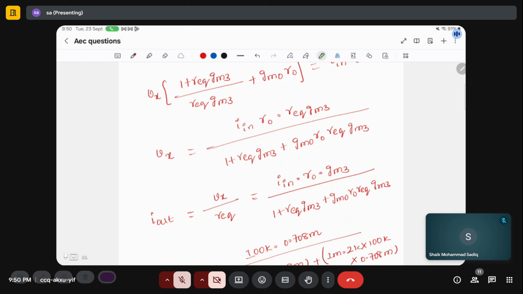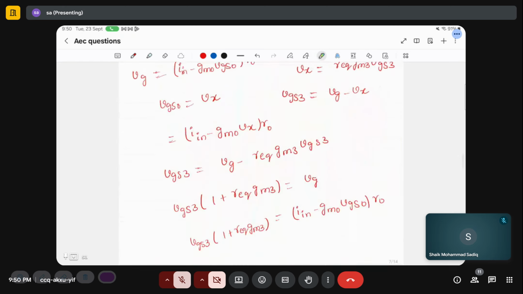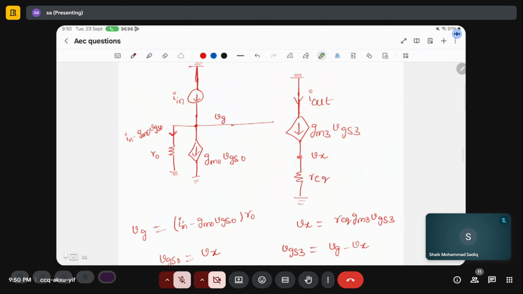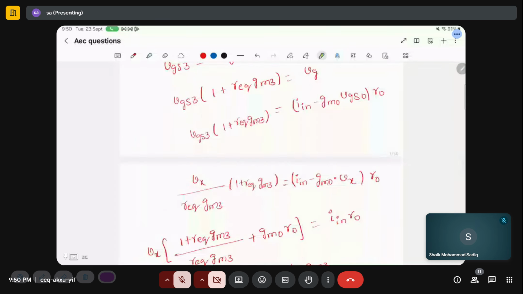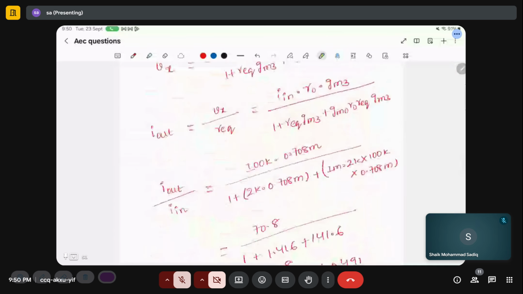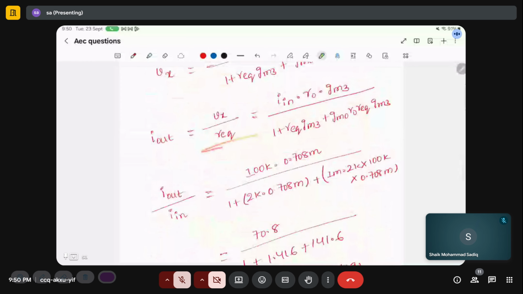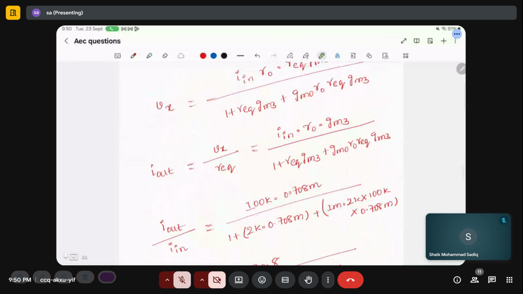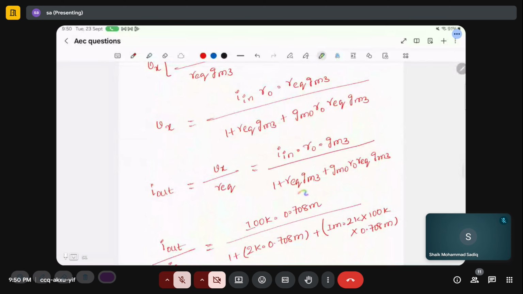Then I can find iout. I know the potential Vx. Then I can find iout by putting Ohm's law: Vx by R equivalent is nothing but iout.